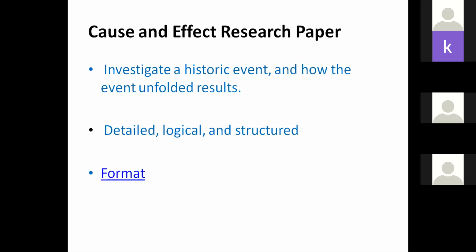It should be detailed, logical, and structured. So cause and effect means that when you write this kind of paper, you need to give reasoning in a forward manner. So it has to be a forward reasoning approach. And the format for this is.